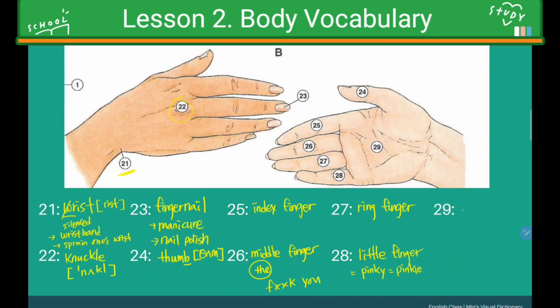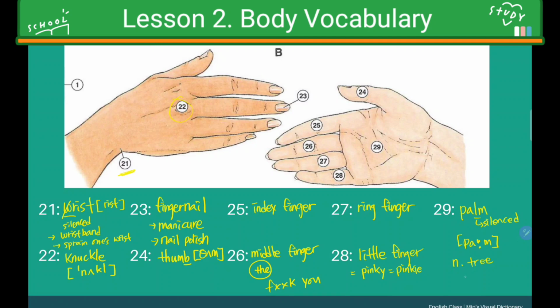And 29 is our palm. L is silenced. And it's palm. Palm. Like that. And it also refers to the tree.